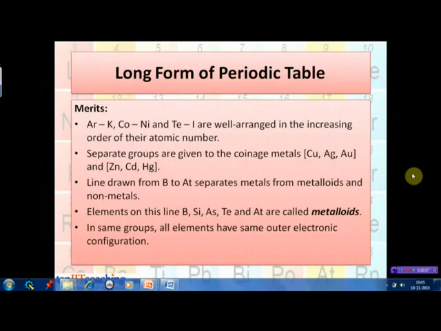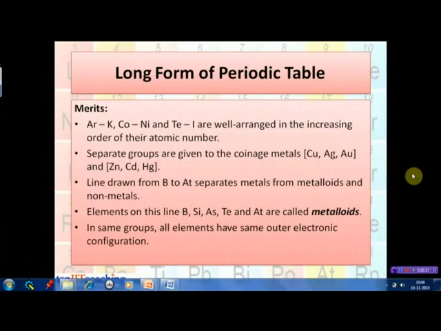Now let us see what are the advantages of the long form of periodic table or the modern periodic table over the earlier tables. As we pointed out in Mendeleev's periodic table, which followed increasing order of atomic weight, there were certain elements which were not placed according to the increasing order of atomic weight. For example, potassium, which had higher atomic weight than argon, was placed after it.